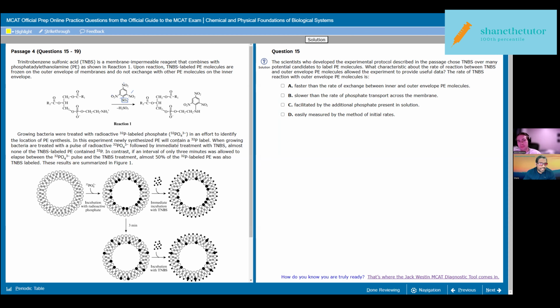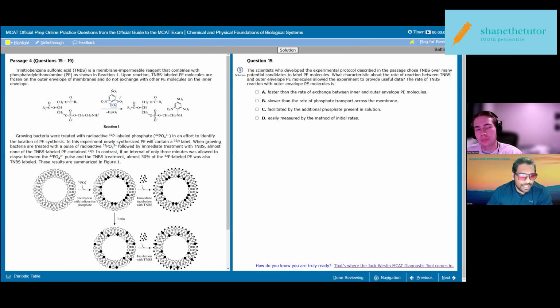So let's say instead of this sulfonyl group, you had a methyl. Then what do you think this would be called? Trinitrotoluene. And if you had to abbreviate it, TNT. There you go. That's what TNT is.